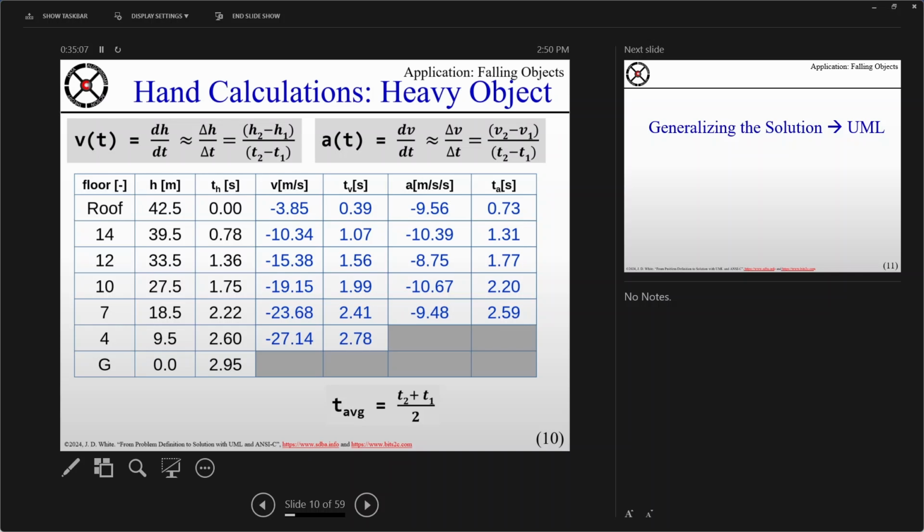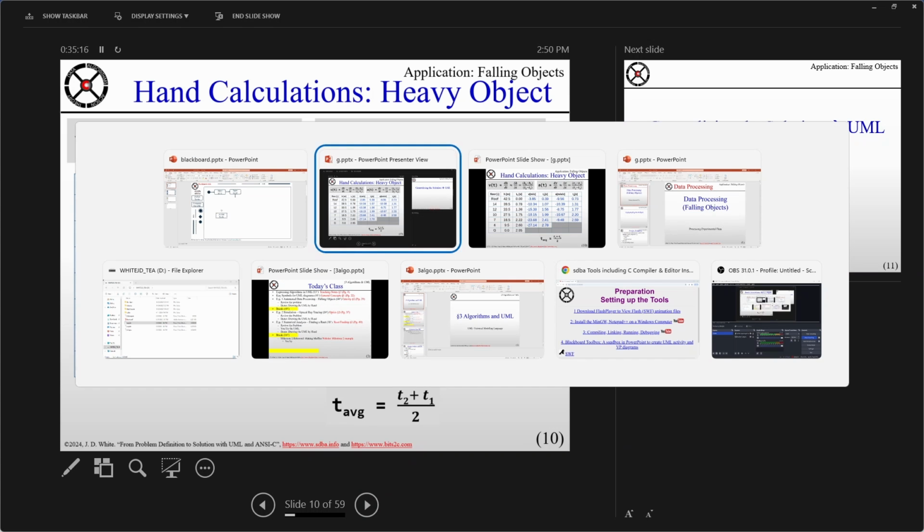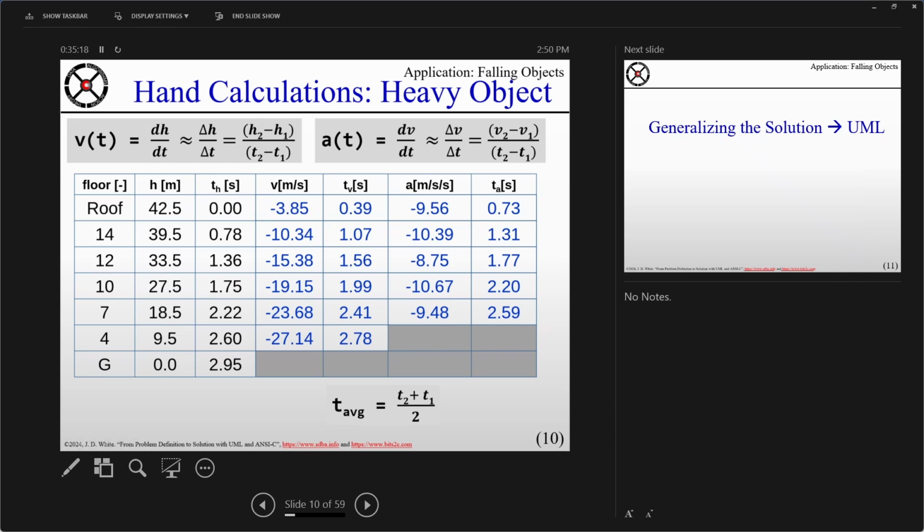what else did I want to do? The other actions I need to do, let's look at the actions from my script. I need to calculate T average, T2 plus T1 over 2. Okay, I can put that into this box.